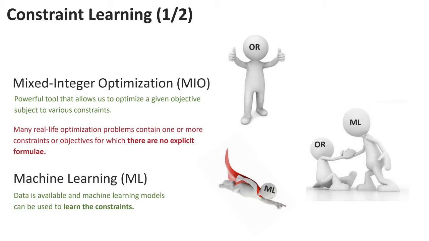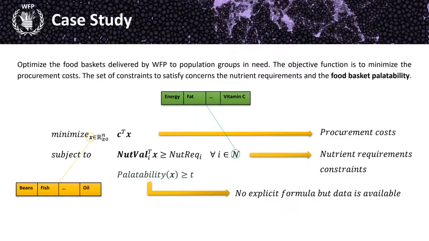Let me give you immediately an example, in the World Food Program (WFP) setting. Here we have an optimization model where the decision variable is a food basket. We want to optimize the food basket subject to some constraints, like the nutrient requirement constraints, and then we minimize a procurement cost objective function.